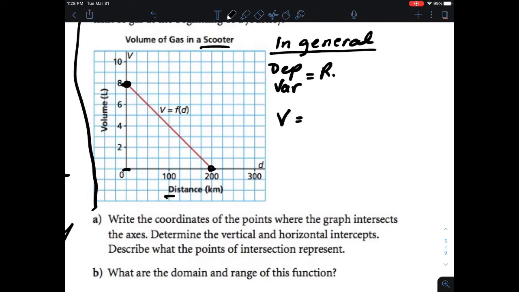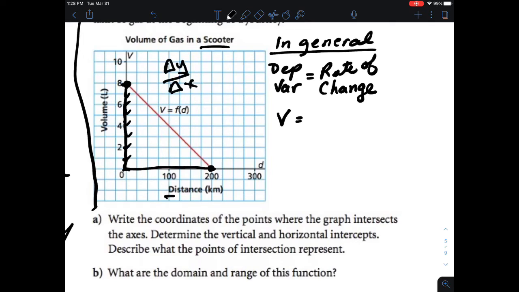equals the rate of change. I'll write that out, rate of change, which over here I'd have to calculate. So I can see again that I'm going downward 8. If I draw out this triangle, my rate of change is the change in y over the change in x. So hopefully you remember that from before.